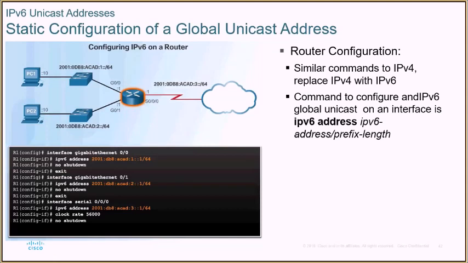Okay, so how do we statically assign global unicast addresses? On a router, we do interface gigabit 0/0, then ipv6 address, and type it in. As you can see here, we've done the abbreviation 2001:DB8:ACAD, ACAD, isn't that cute? :1, and then we've got two colons and the number 1.